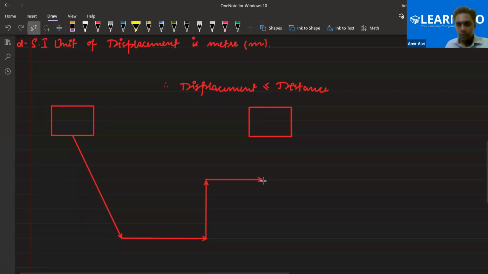Thoda sa isko puzzle type banana padega so that you can understand it properly.